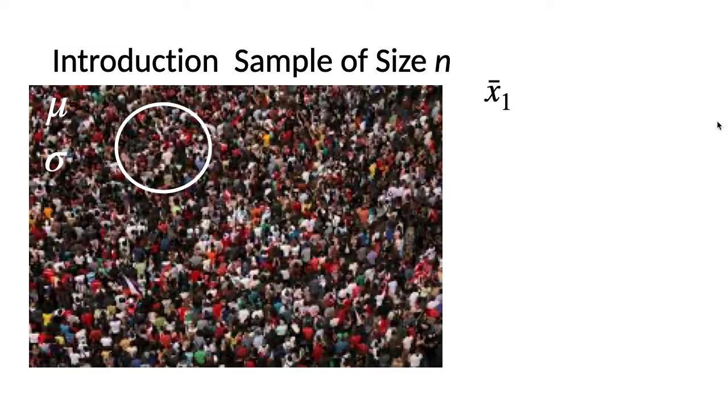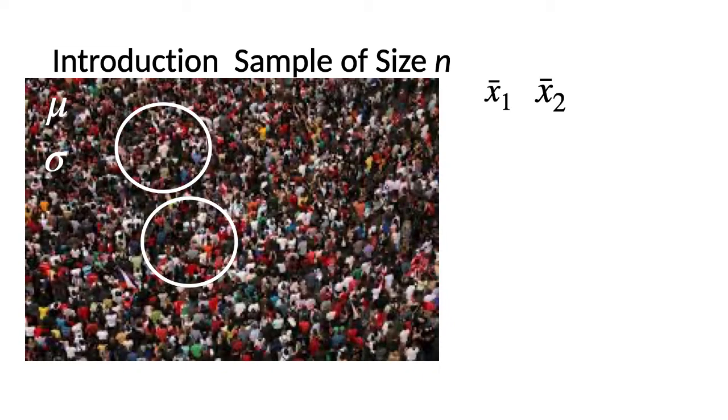Now let's observe that once we have x bar computed, we can ask this question: is x bar exactly the same as the population mean? In all reality and all sincerity, probably these two are not exactly the same. But one of the things we may be interested in knowing is, are they relatively close? That is something we would like to have happen, and we will investigate this in a little bit.